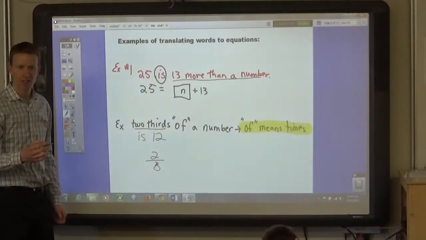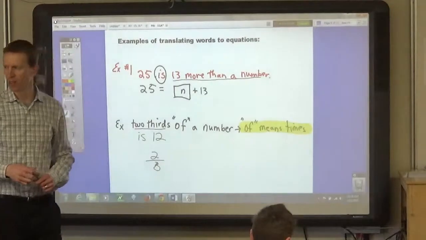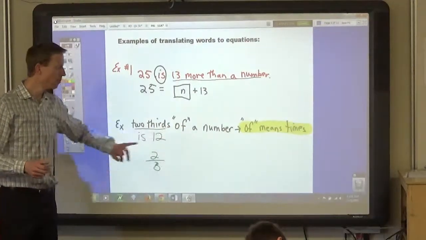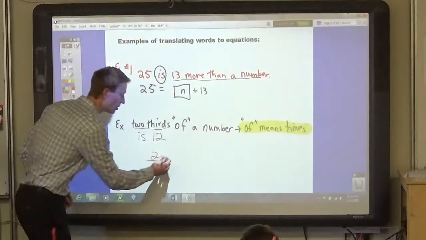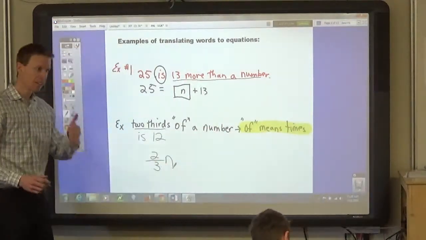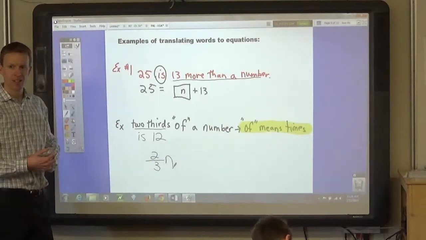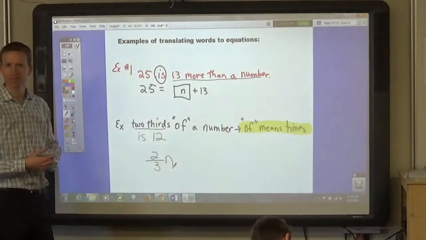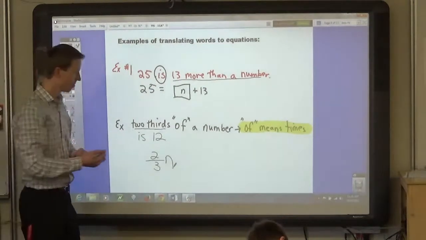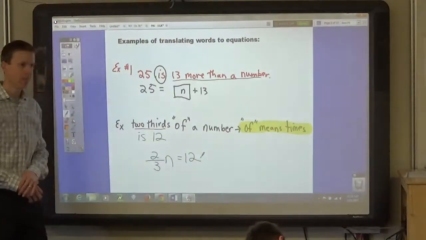Now what? Two-thirds of a number. Since of means times, it's 2/3 times n. Or just, good, Lily, 2/3 n. And what's on the other side? Equals 12. Yep.